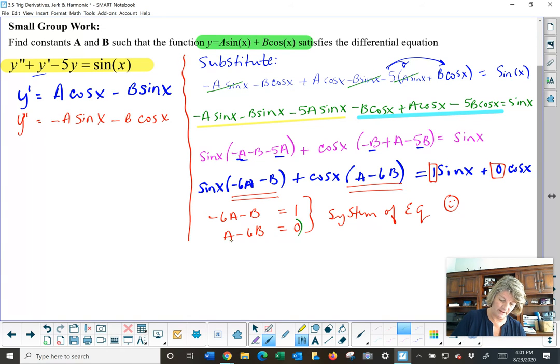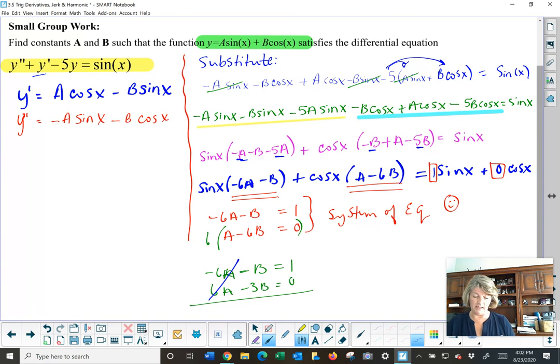So I'm going to multiply this second equation by positive 6, going for the elimination of my a's. So I'm going to have negative 6a minus b equals 1, and 6a minus 36b equals 0. Like promised, the a's are eliminating.